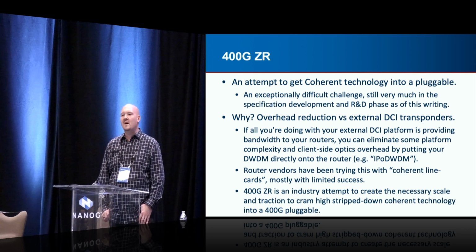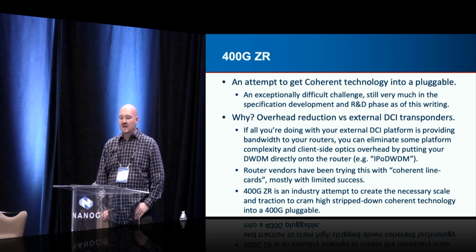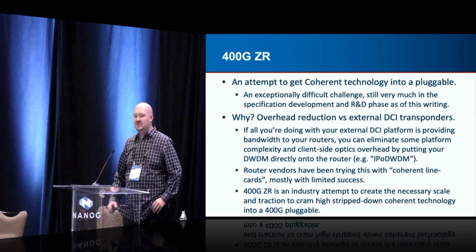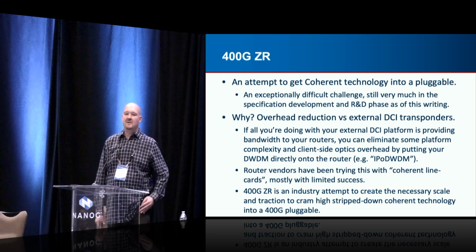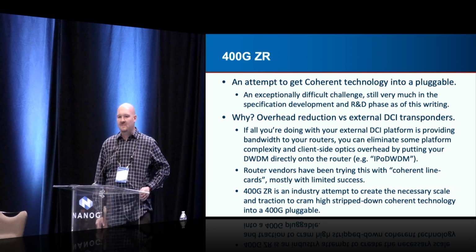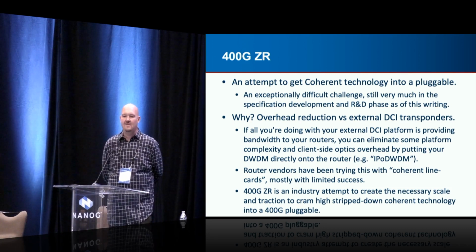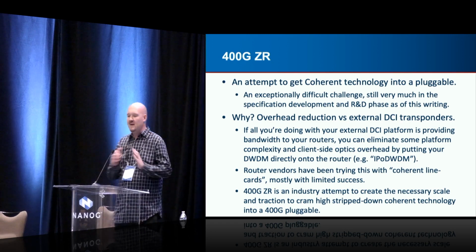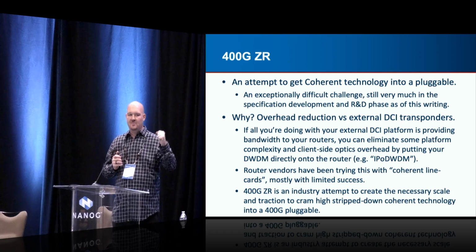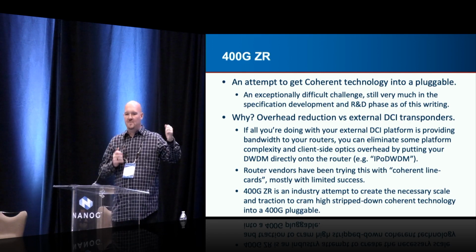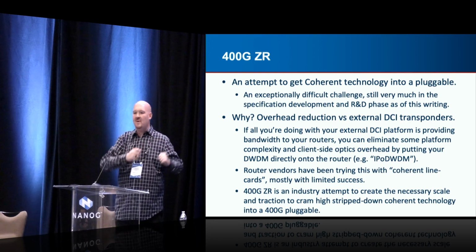So why would we want to do this? Well, there's a lot of overhead you can potentially take out if you can eliminate external transponders. Consider if all you're doing with your optical network is lighting it, you create packets and then you go right into a router. You light the optical network with your router.